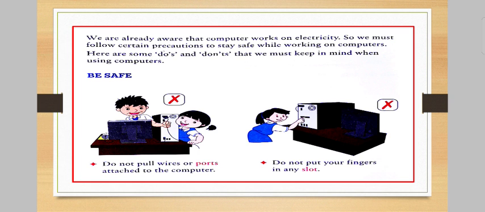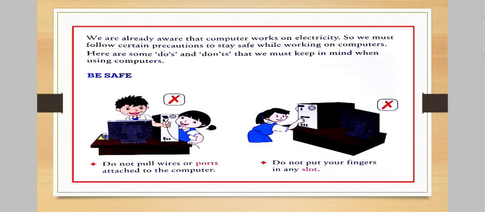First point is, do not pull wires or ports attached to the computer. You all know that there are many types of wire attached to the CPU box, so we do not pull wires or ports attached to the computer system.